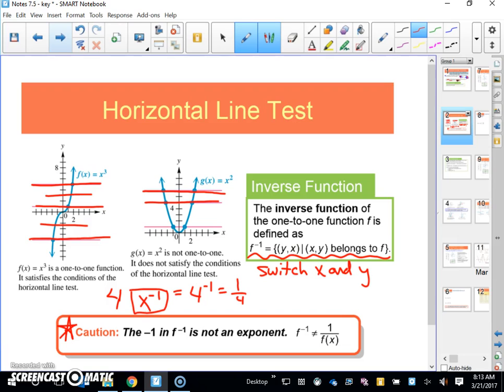It makes 1/4 or 0.25 come out of your calculator. That is absolutely not what we are doing. When I say sine -1 x, that's not an exponent -1. That means inverse. That means inverse sine. So be careful and don't call that -1 an exponent.